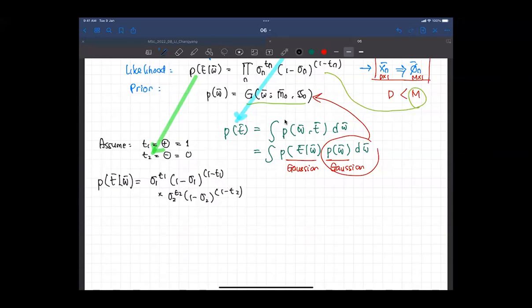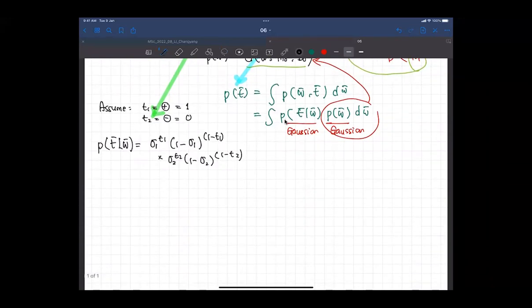In that case, what happens with sigma 1 to the power T1? It becomes sigma 1. Then 1 minus sigma 1 to the power 1 minus T1 is to the power 0, so that becomes 1. Then we move to sigma 2 to the power T2.